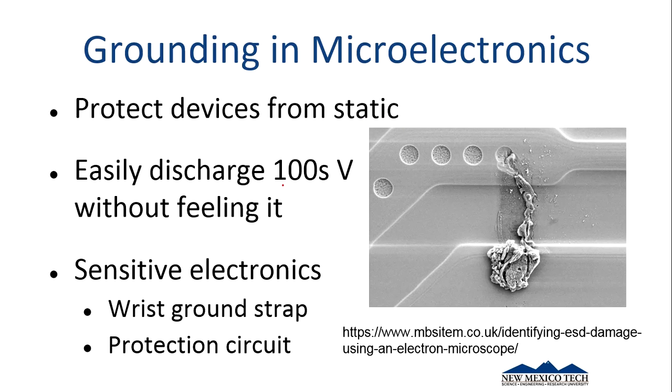And once again, you probably think of static as like walking across the carpet and touching a doorknob or something like that. And the fact of the matter is, that's a really big voltage by the time you see that little spark and feel that little jolt. You can easily transfer hundreds of volts without feeling it. And so for sensitive electronics, you need to have some sort of wrist ground strap that basically grounds your hands while you're working with it.